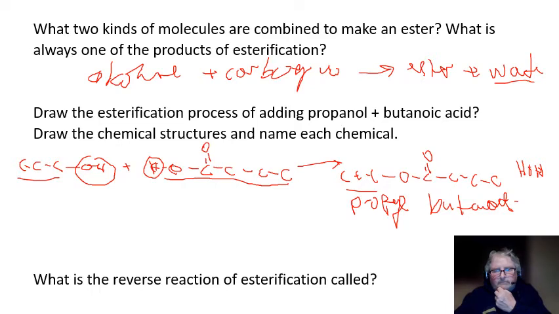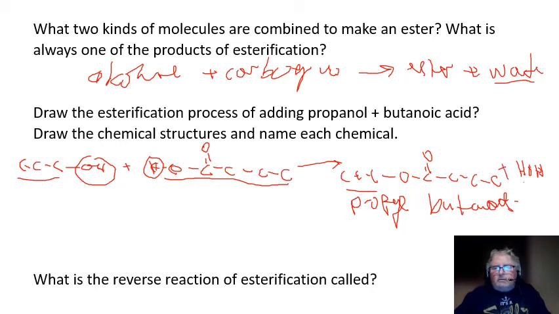Okay, so when you make these, you take an alcohol, pop off the OH, pop off the H from the carboxylic acid, take the carbon group, which is a propyl, combine it with the butanoate, and you get propyl butanoate. Now the reverse reaction can take place as well.